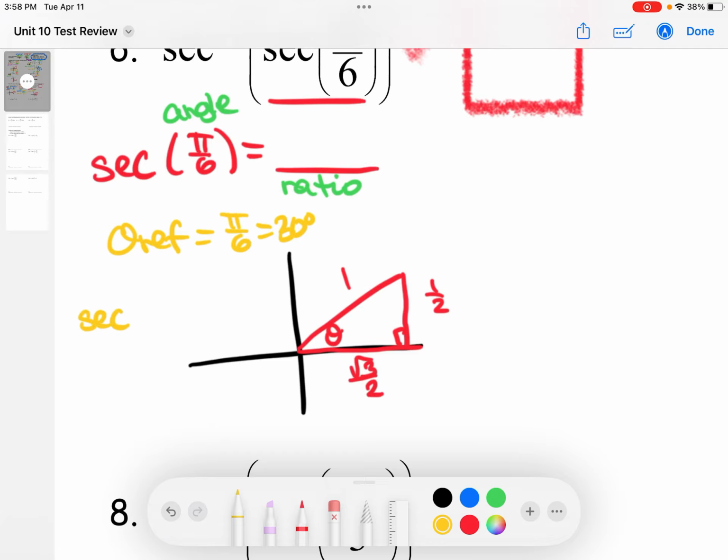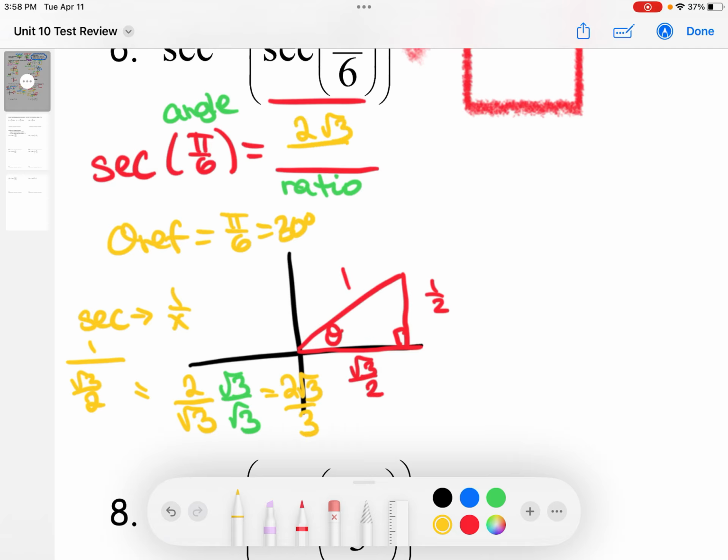Secant is 1 over x. So that would be 1 over square root 3 over 2. Remember, 1 over a fraction flips it. So that's 2 over square root 3. We don't leave it that way. We need to fix the roots. Root 3 over 3. And that will give us 2 root 3 over 3 for secant of pi over 6.